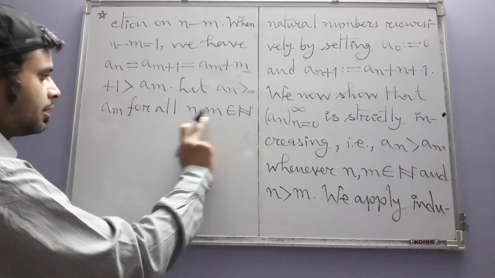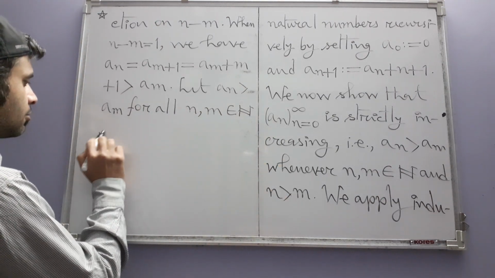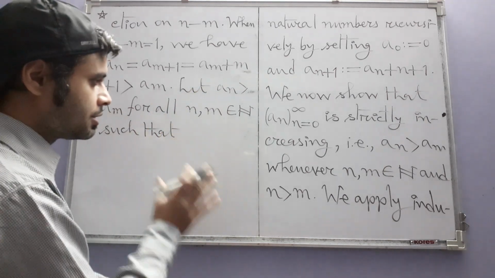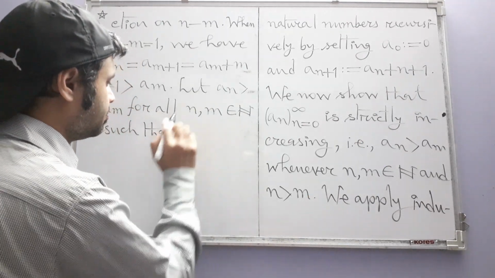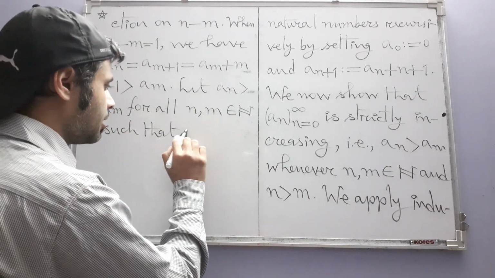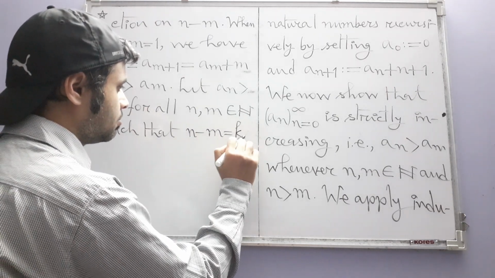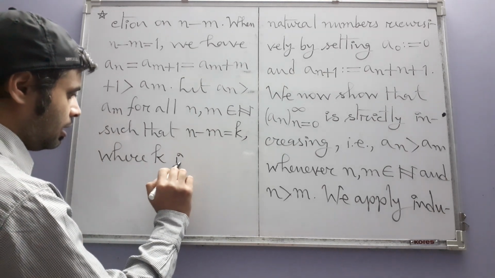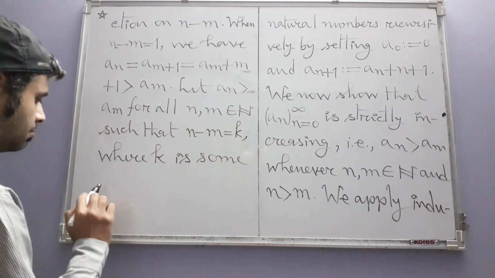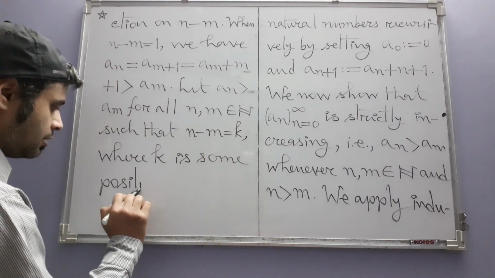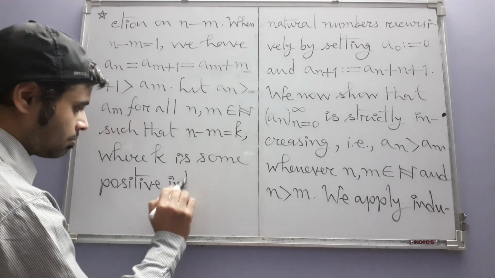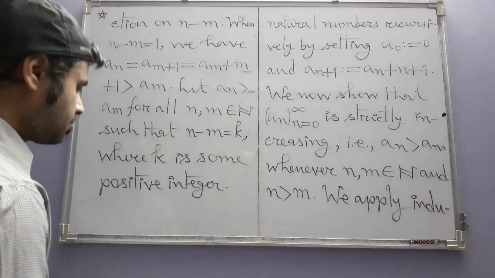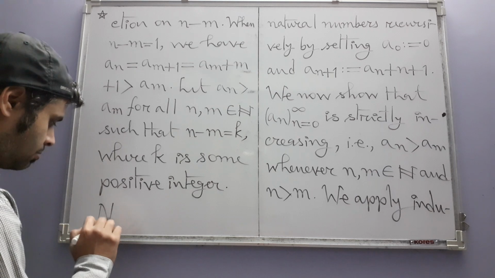See, here I am explicitly writing for all n and m, such that, in order to show that in this induction hypothesis also there are infinitely many cases involved depending on the actual values of n and m, such that n minus m is equal to k, where k is some positive integer, some arbitrary but fixed positive integer. This is our induction hypothesis.